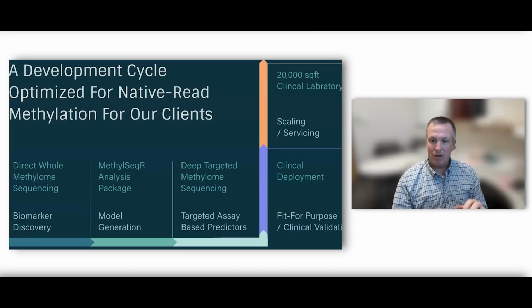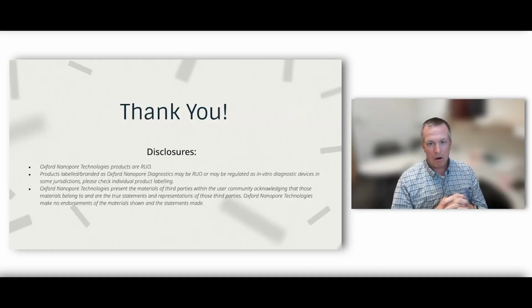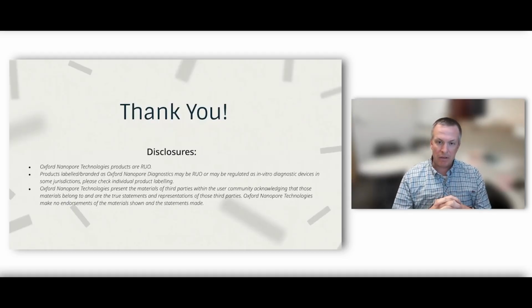At that point, we start working on clinical deployment and fit for purpose clinical validation. We can then scale this up. We currently have a 20,000 square foot laboratory here in Utah that enables us to do this. So we're really excited about where we are at this point, and very excited about utilizing the Oxford Nanopore platform for what we're doing.